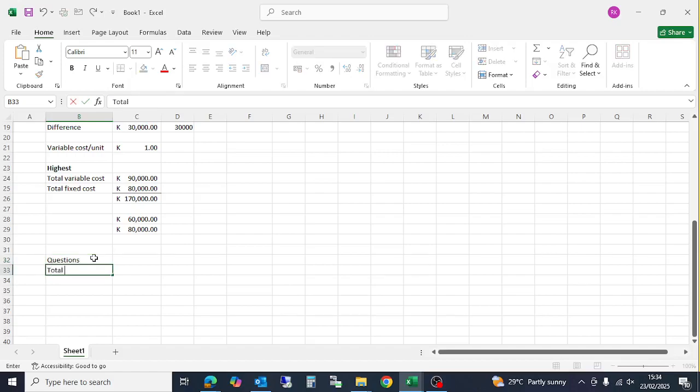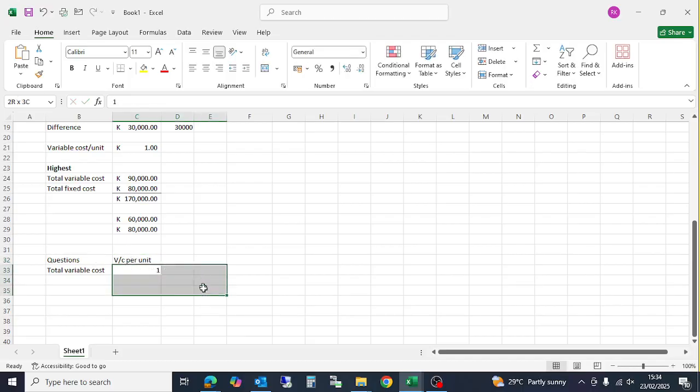So we'll have to find the total variable cost. We know the variable cost per unit. Our variable cost per unit is 1 kwacha, the one that we calculated.